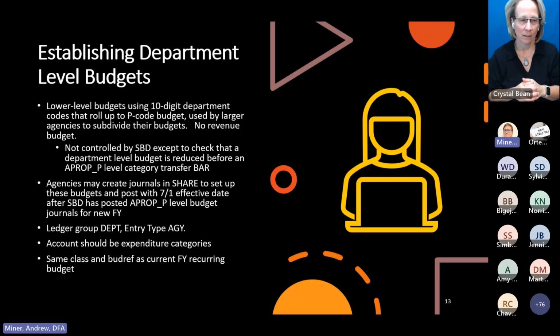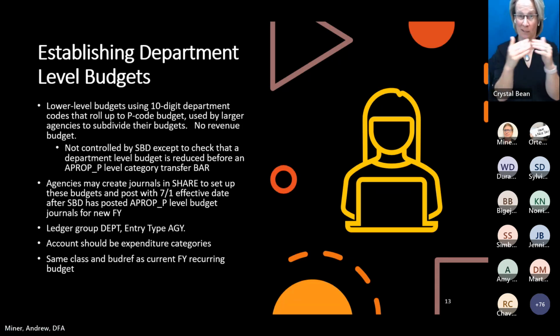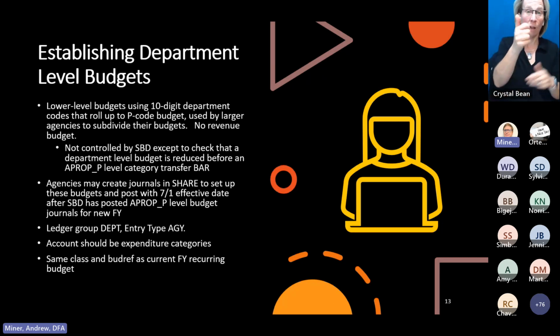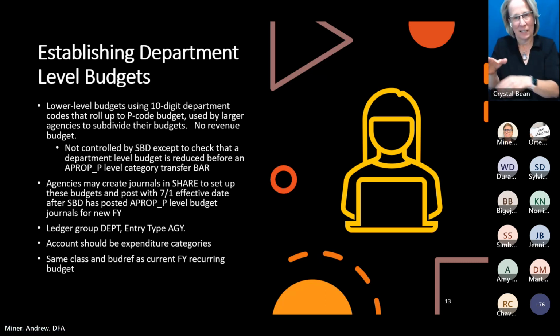Note here on establishing department level budgets. Again, not all agencies do this. If you're one of those bigger agencies that do, then it is up to you to create them yourselves. These are your lower level budgets that use 10-digit department codes. They roll up to your P code budget, right? Obviously, they can't go over your P code budgets, but they can be useful as a way to subdivide them. And they're not on the revenue side, only on the expenditure side.